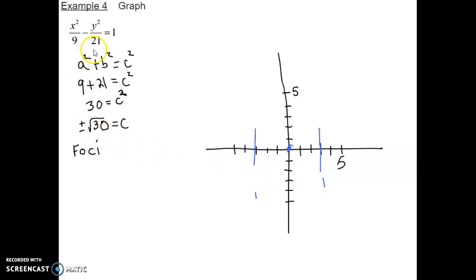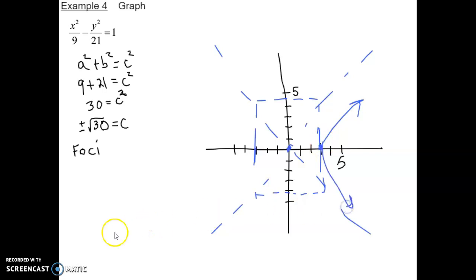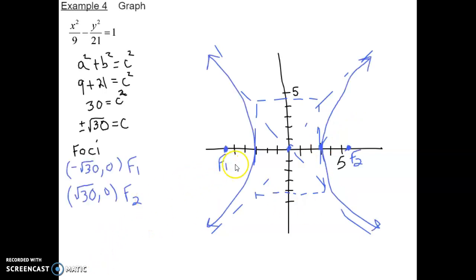Then I'm going to go square root of 21, which is like 4.5-ish, up and down. So 4 below, 4 above the center. And then my asymptotes are going to be about here and about there. My hyperbolas open right and left. And I'm going to have you come back and see what it looks like.